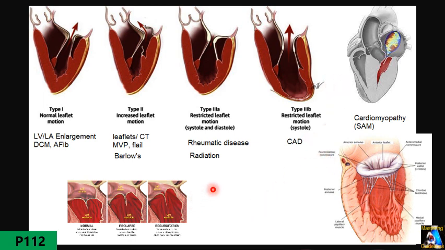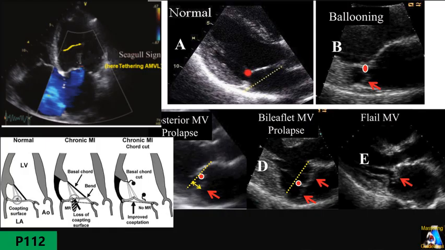Now let's see how exactly we can detect mitral valve prolapse on the echo. The echocardiographic feature and diagnosis of the prolapse is very easy. We do it on echo.